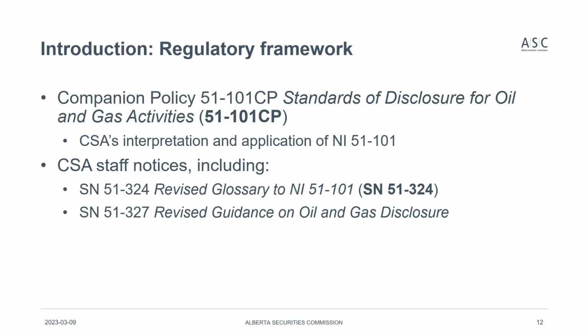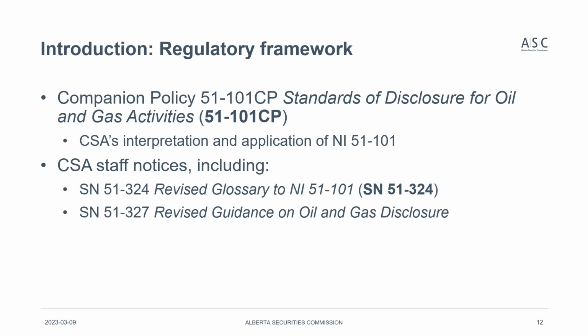Also, accompanying the regulatory instrument 51-101, we've got the companion policy to 51-101, which is the 51-101CP. That covers the CSA's interpretation and application of NI 51-101. There's also a number of staff notices that are of interest. The main one that we're going to talk about today is 51-324, which is the revised glossary to 51-101.